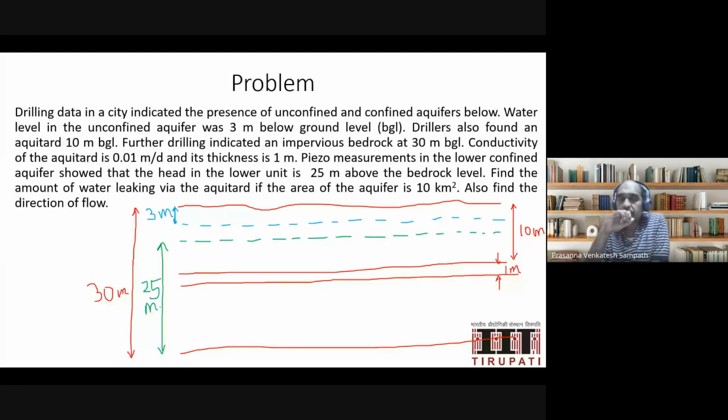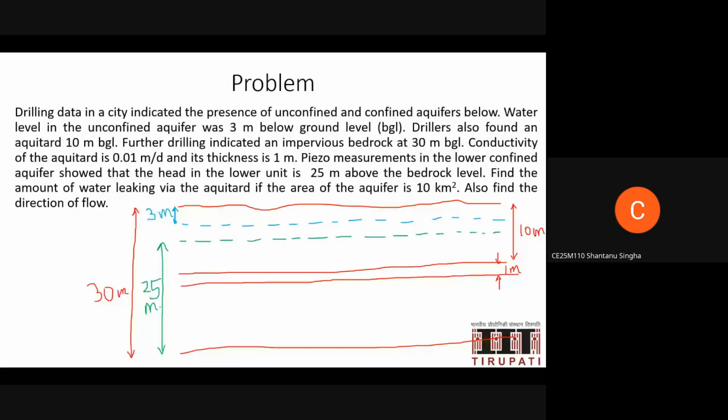Sir, at the water table, I thought it is neutral, like in strength of materials, we know the neutral axis. I thought it may be neutral. I don't know it properly, sir. Such a nice, brilliant question.